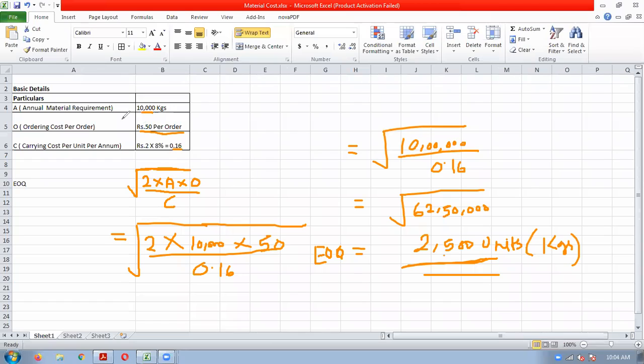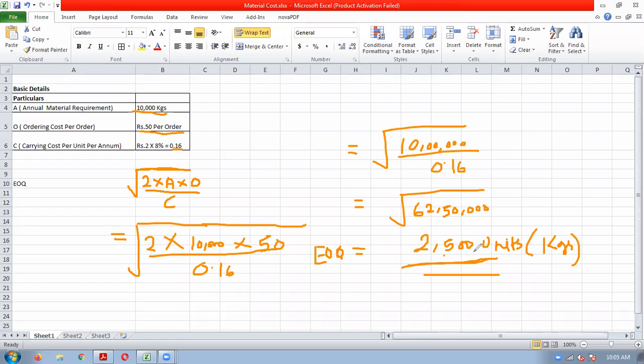Now, since you require 10,000 kg, you will place order 4 times. Because once you place order, you will place for 2,500 units only. Next time 2,500, then again 2,500, then again 2,500.